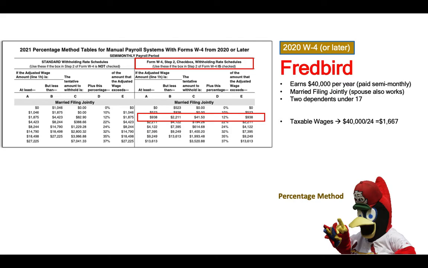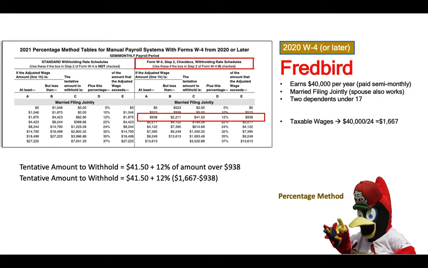As a result, we can use the formula to figure out what should be withheld. So we know that the tentative amount to withhold is $41.50 plus 12% of the amount over 938. So 1667 minus 938 gives us 729.